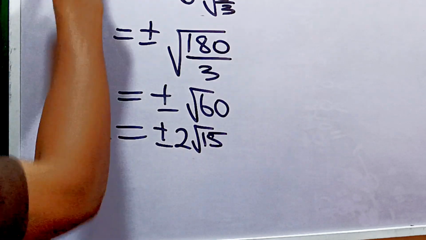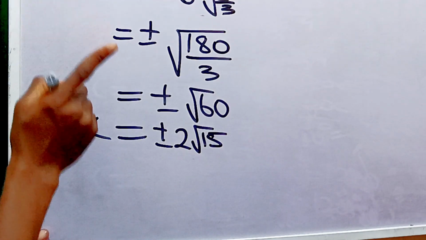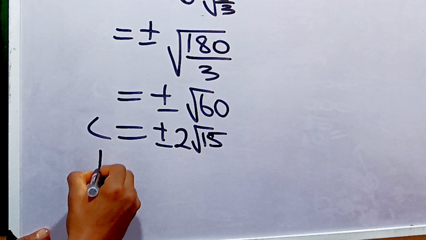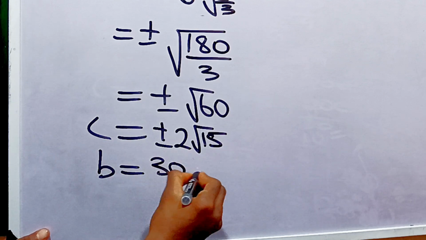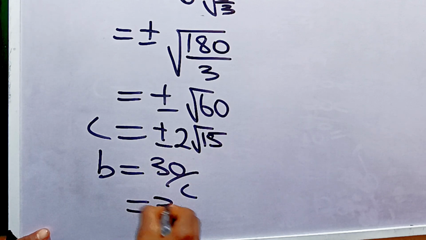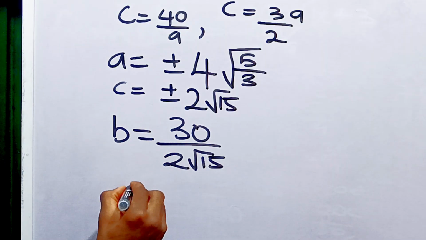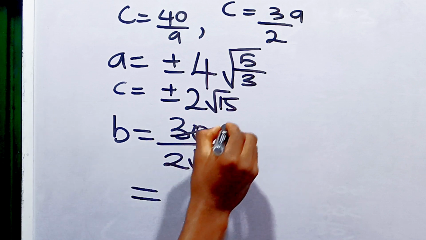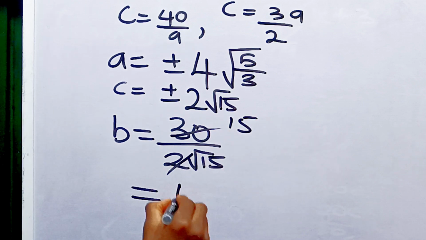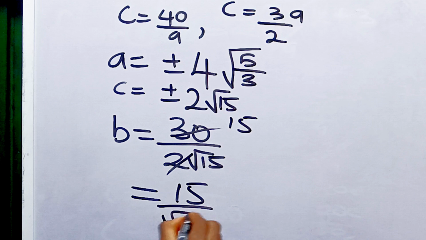Now recall that B is equal to 30 over C. So we can go ahead and say that B here is equal to 30 over C, which is equal to 30 divided by 2 root 15. So this becomes, 2 into 30 is 15, so we have 15 over root 15.